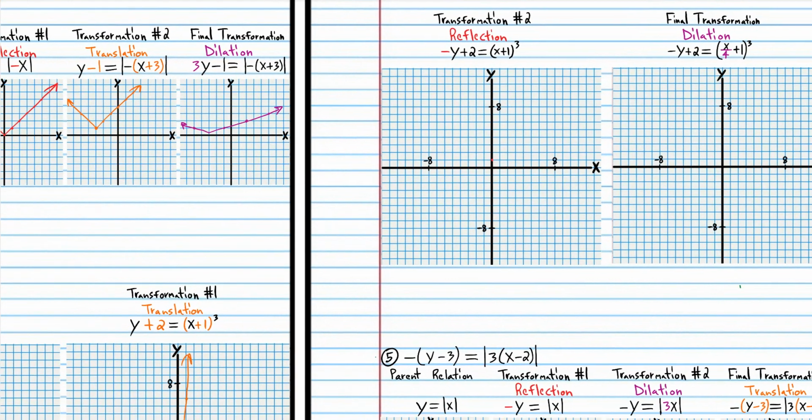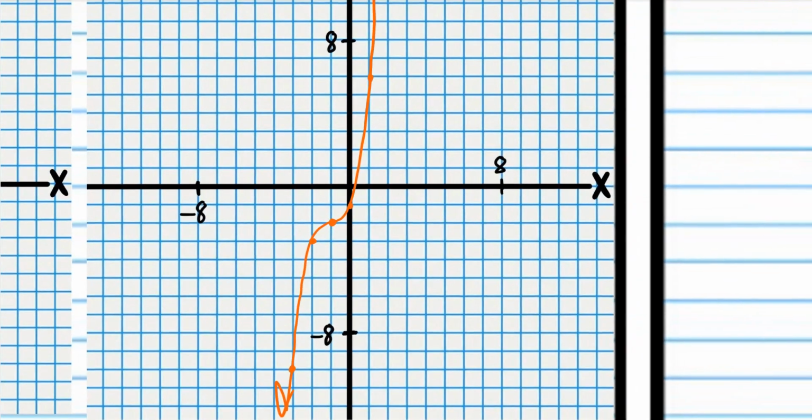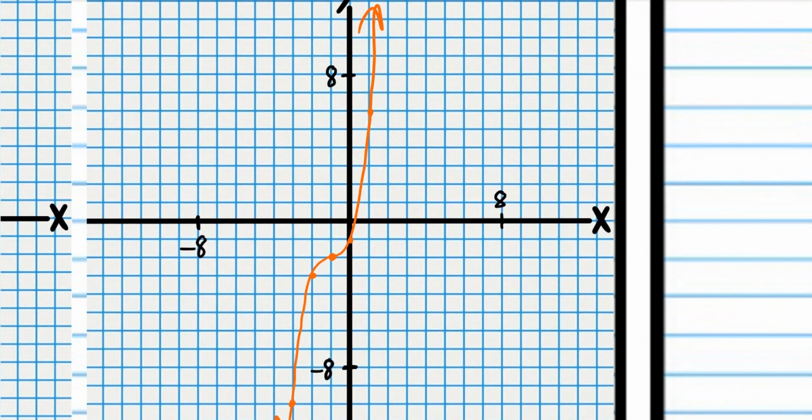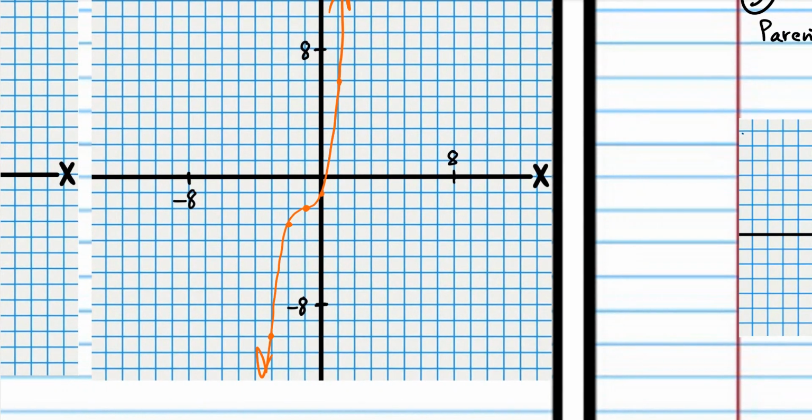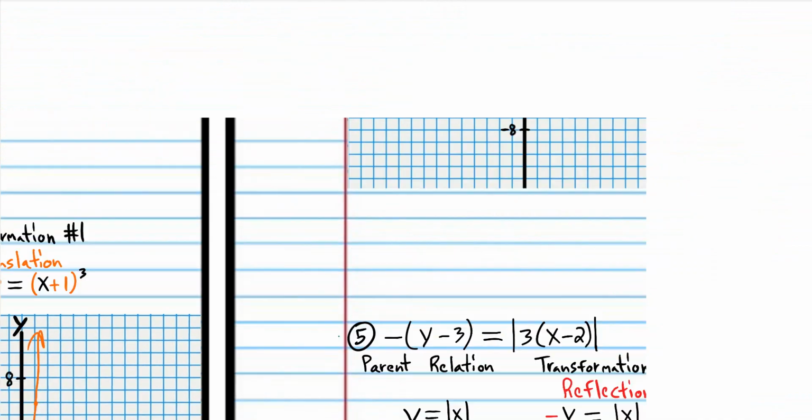So what that does is it reflects across the x-axis. So this point is going to be reflected across. This point is going to be reflected across. And so on and so forth. So when we reflect 1, 2, 3, 4, 5, 6 units from the x-axis, and we go 1, 2, 3, 4, 5, 6 units across the other way, we get 1, 6.